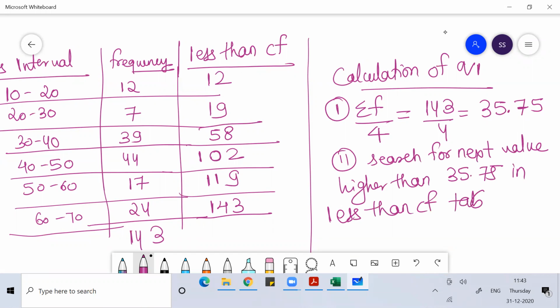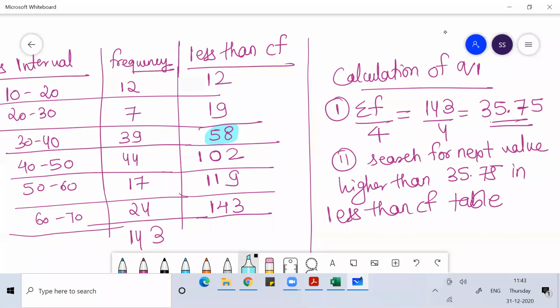The value which is higher than 35.75 in the cumulative frequency table is 58.